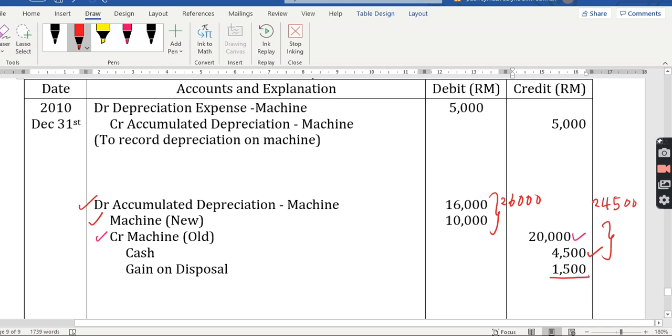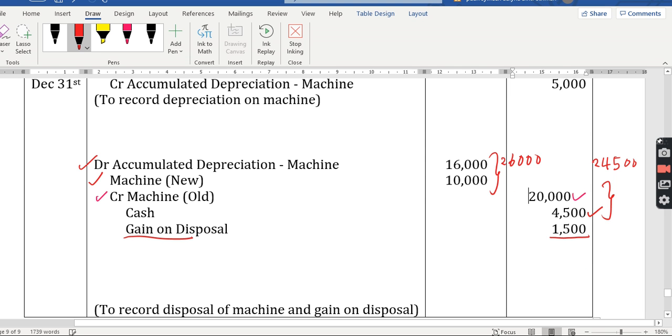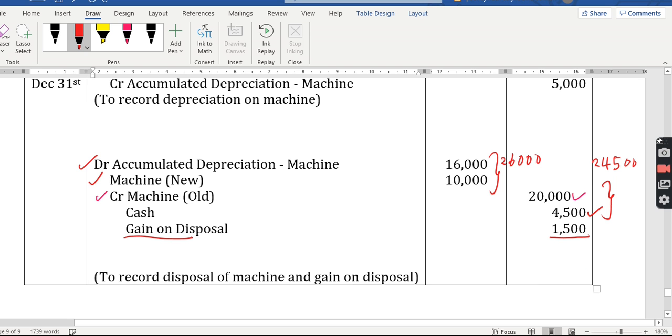It is on the credit side, so this is actually gain on disposal. This is how you record the journal entry for disposal.